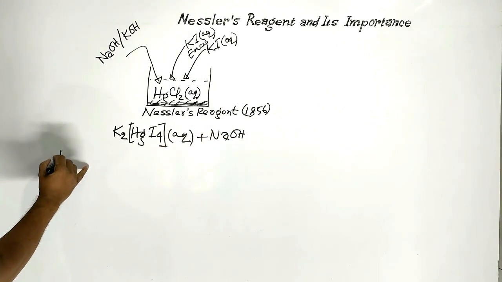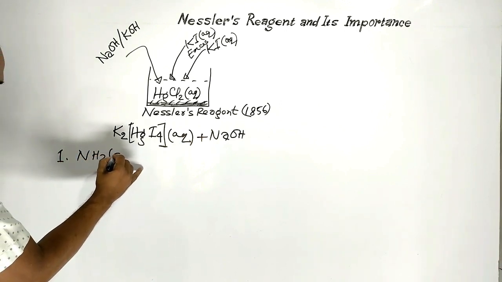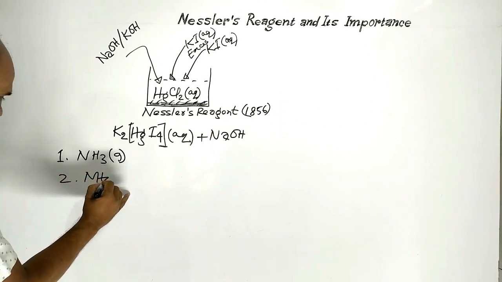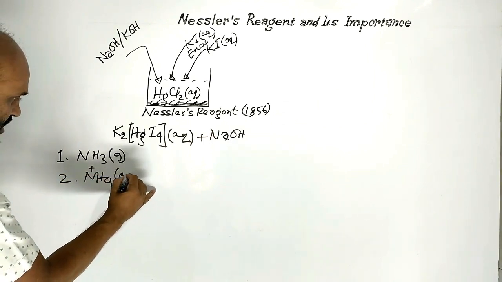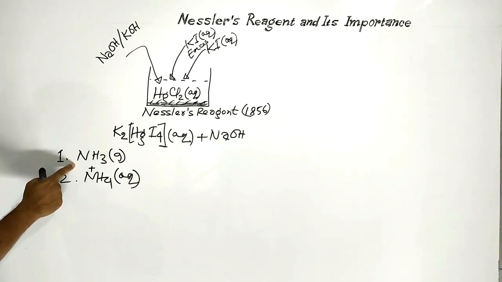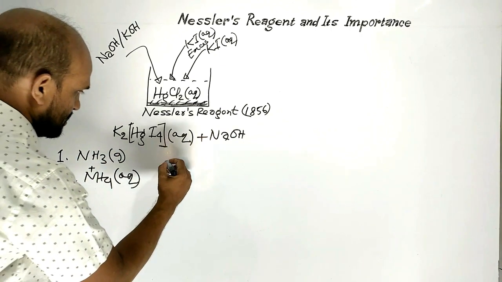It is used to identify ammonia gas and ammonium ion in solution. First of all, let us see identification of ammonia gas with Nessler's reagent.